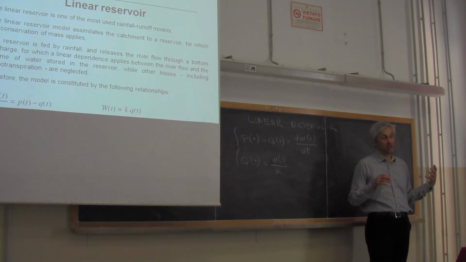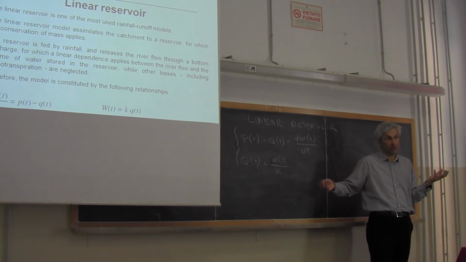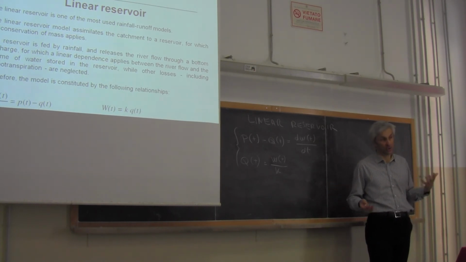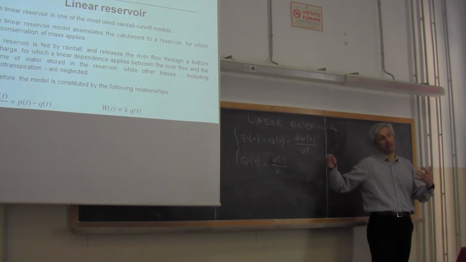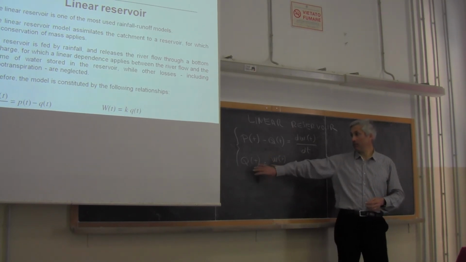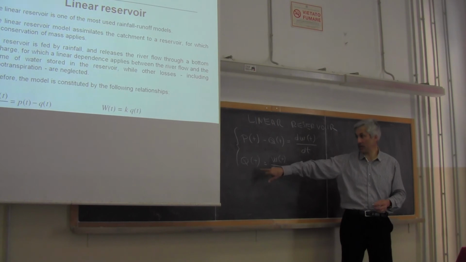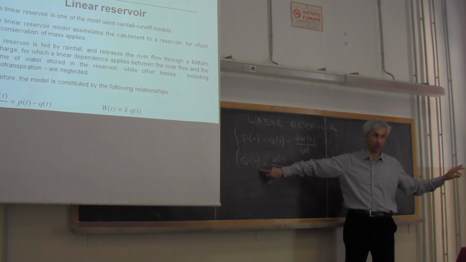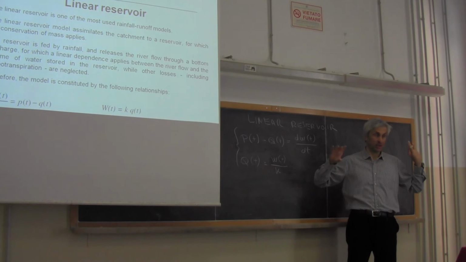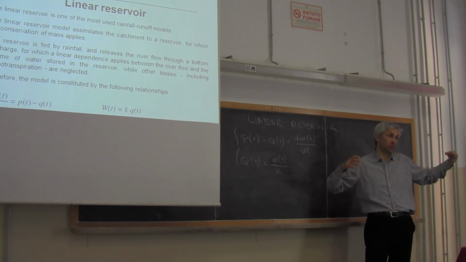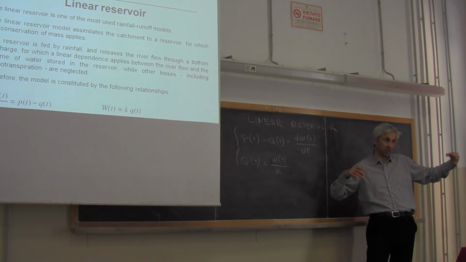So be careful. If you eliminate an unknown, try to eliminate the unknown that you are not interested in, which is the state variable here. If for some reason you are interested in describing the storage instead of the outflow, then you shouldn't eliminate the storage. If I go by substituting in the first equation for W this second expression, I am eliminating W, which is fine, because I don't need to describe W. Okay?